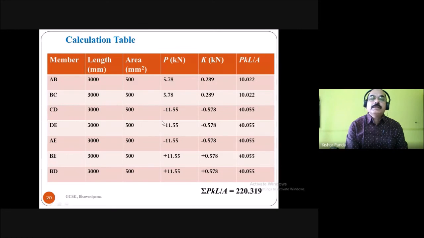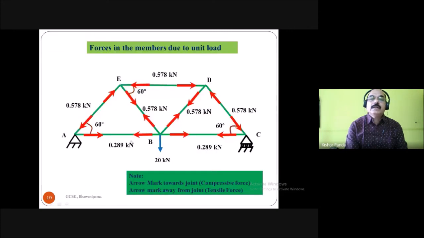For CD the force is minus 0.578, compressive, for DE minus 0.578, also compressive, and for AE minus 0.578, also compressive. For BE and BD the forces are positive, tensile, 0.289. These three forces are compressive, negative, and these two forces are tensile, 0.289; the other forces are 0.578.